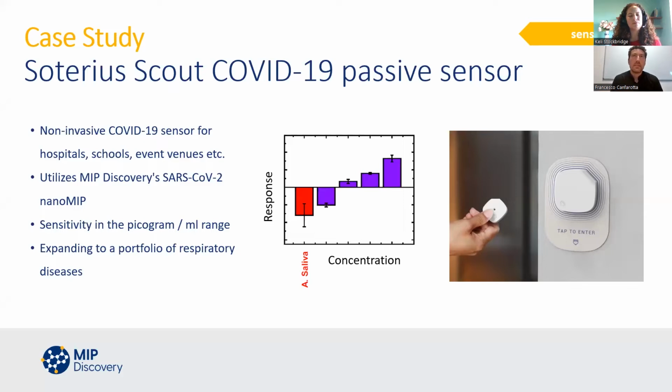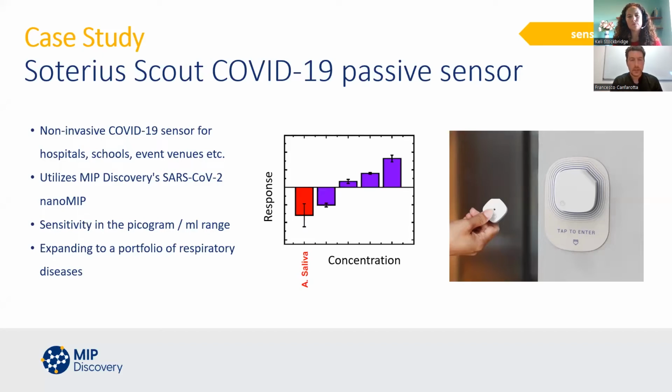Let's now review some examples of nanoMIPs applied in sensors. This is an example of a sensor for detection of COVID-19 in the air. So it's to detect an airborne virus. This was done in collaboration with another company called Soterius.